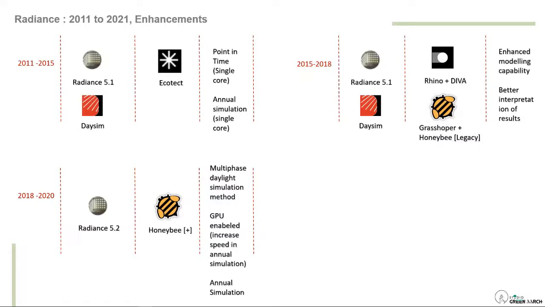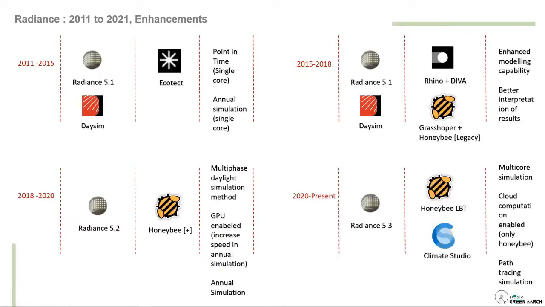But right now there is a lot of development in the daylighting aspect, where we are coming up with three-phase, four-phase, five-phase methods, where everything is broken down from source to the window, from window to the skylight. So there are a lot of new things coming up in the daylight industry, and this was a big jump from 2015 Radiance to 2018 Radiance. And in the present, it is much more advanced.